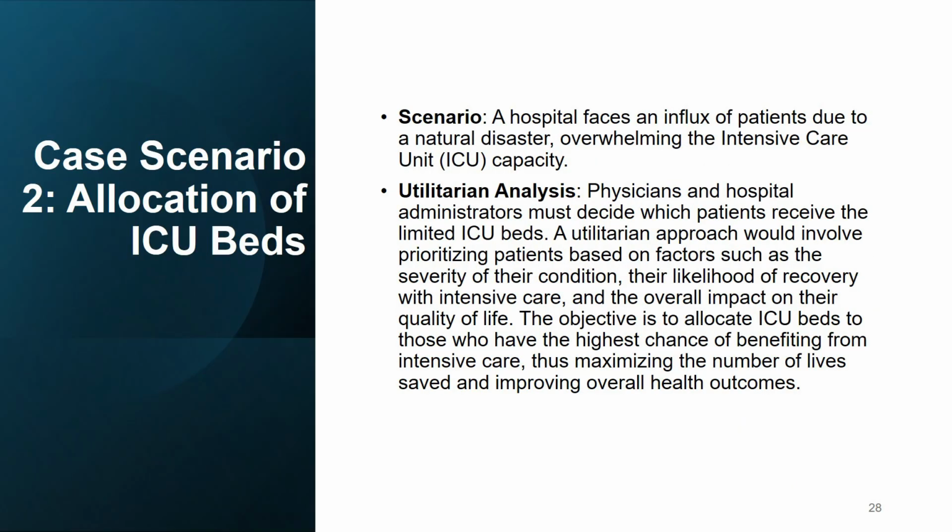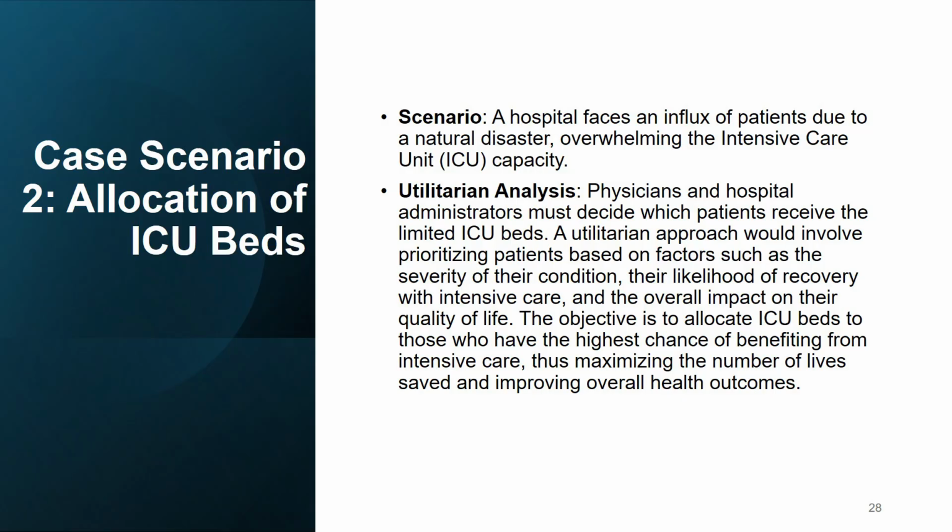You see another case scenario in the allocation of ICU beds. A hospital faces an influx of patients due to a natural disaster, overwhelming the intensive care unit capacity. Now, if we analyze this in the utilitarian way, the physicians and the hospital administrators must decide which patients receive the limited ICU beds.